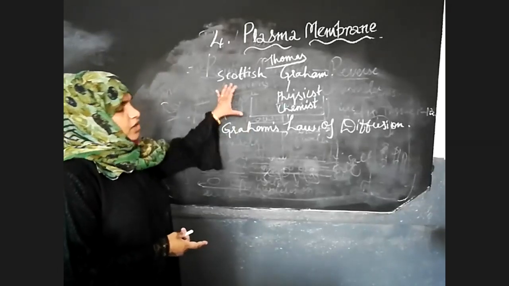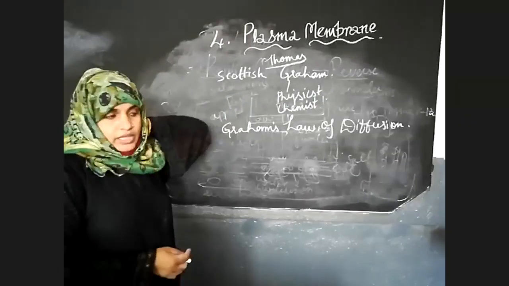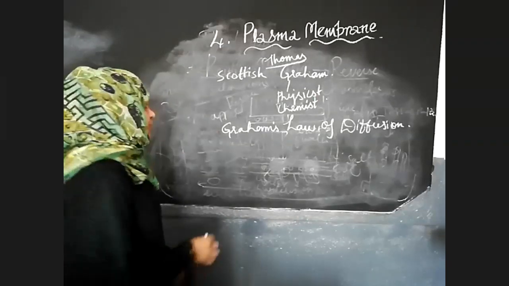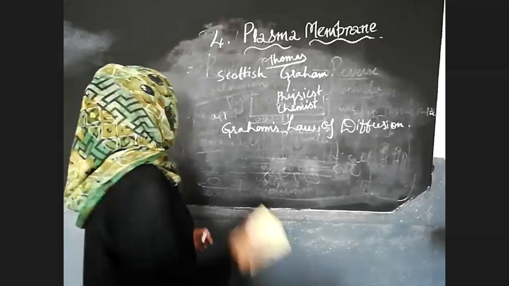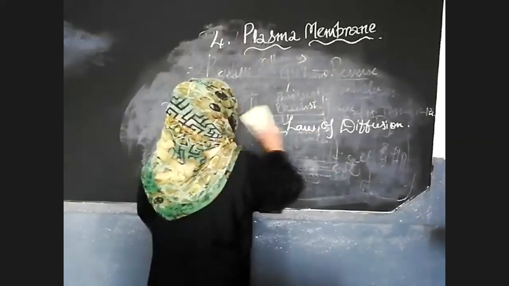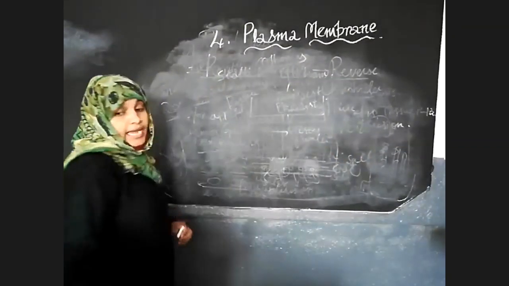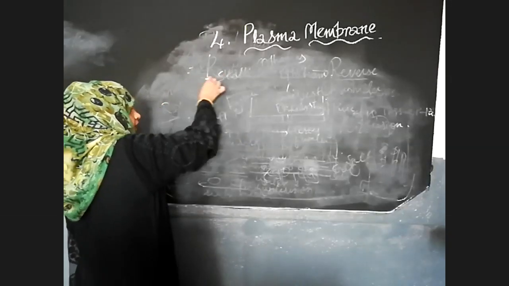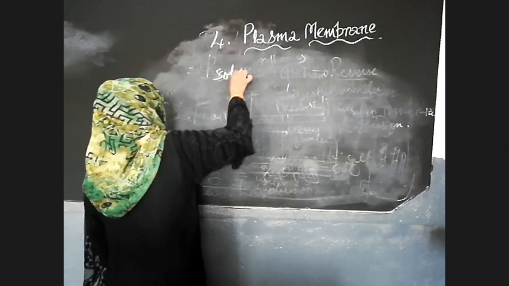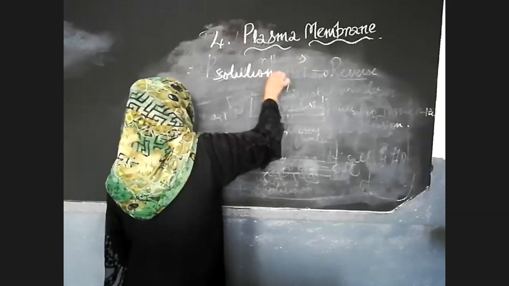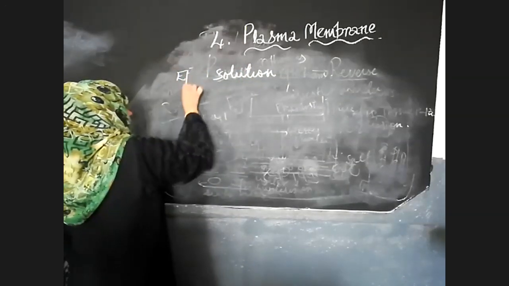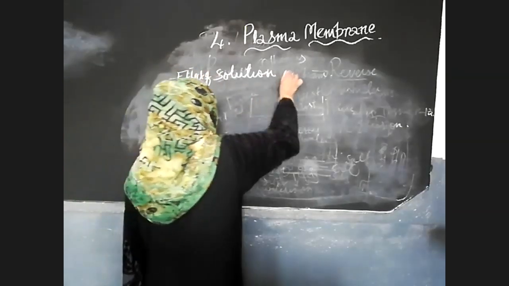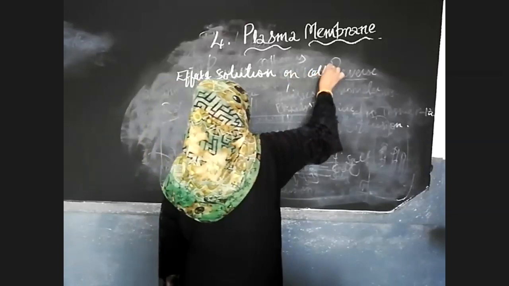Okay, this is a small topic given below. Next we come to the annexure part. In the annexure part, they have given hypertonic and hypotonic solutions and their effect on living plant and animal cells. So what is the effect of solutions on our cells?